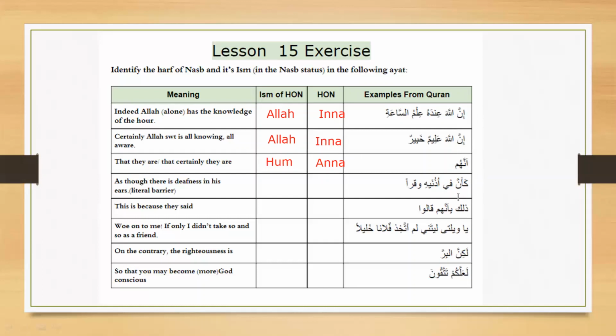Inna, anna, ka'anna: all three are grouped in the harf of nasb, but their translations and meanings are different. Their Arabic action is the same, as they change the status of the ism, but their meaning is different. So ka'anna is as though.